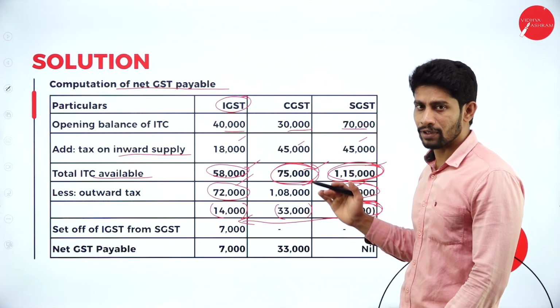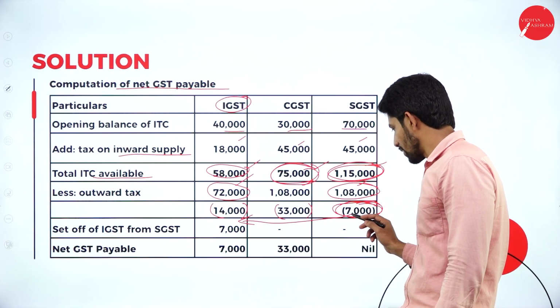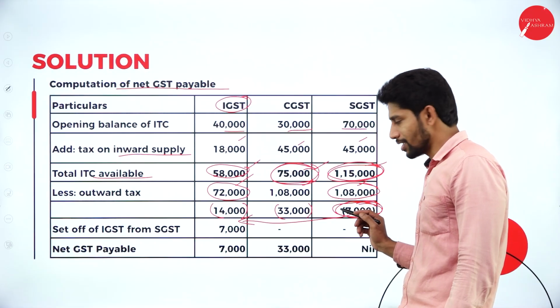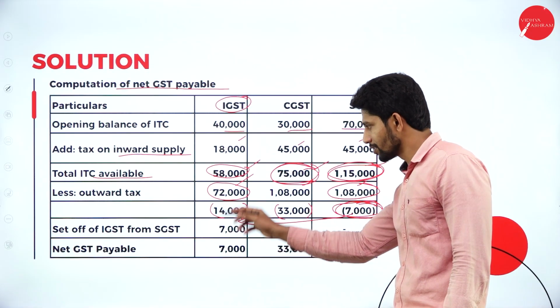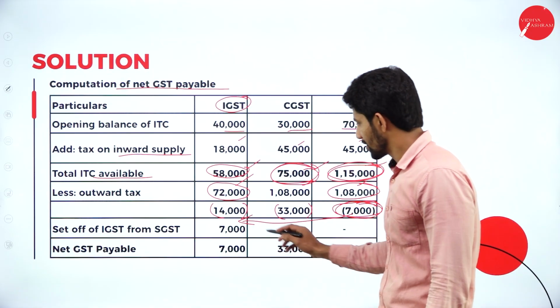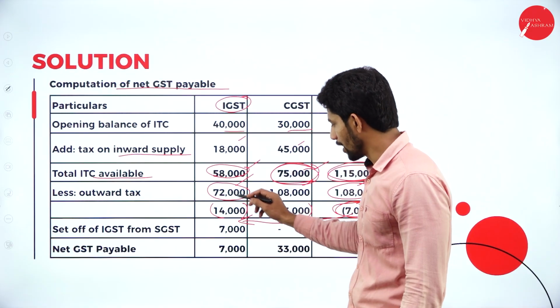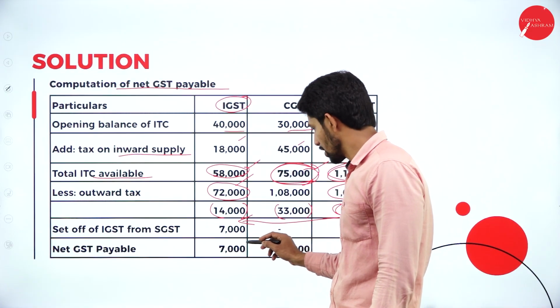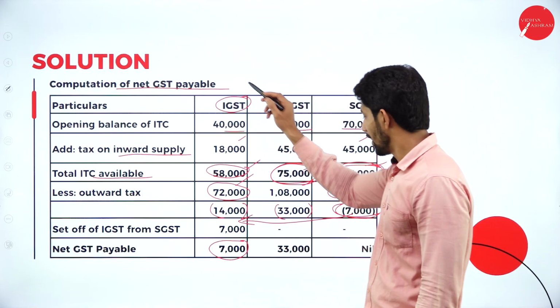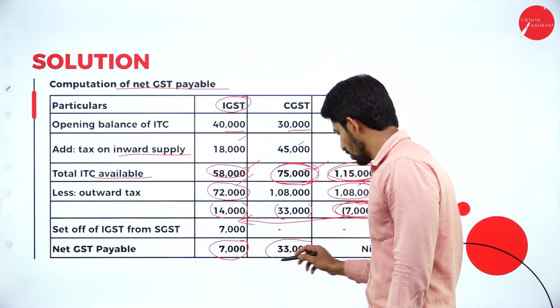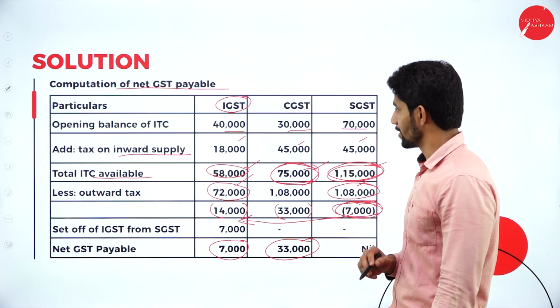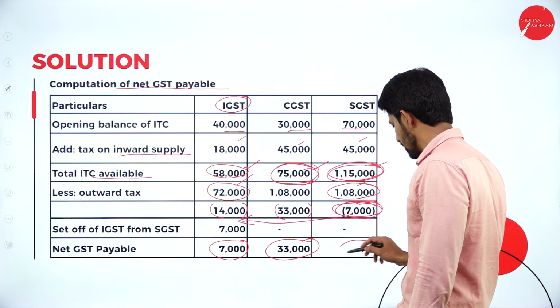That is how the set off will work. So you have excess of 7,000 in SGST, and now you set it off with IGST. Still how much are you supposed to pay? Yes, still you have to pay 7,000 under IGST, 33,000 under CGST and nil, that is 0, under SGST.